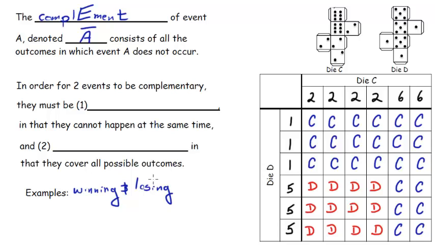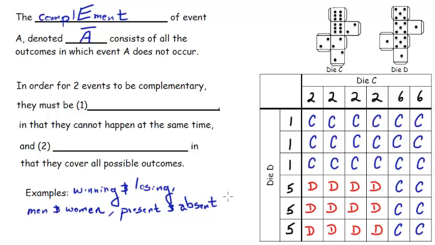So if I didn't win, I know I lost. You might think the complement of men would be women. So if I tell you a given student is not a man, well, you know that she is a woman. Right? So the complement of being present would be being absent.